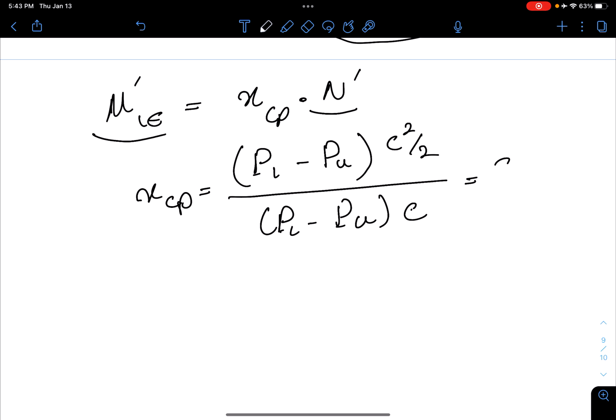C over 2. So this tells you for a flat plate, the center of pressure is at the center of that flat plate.